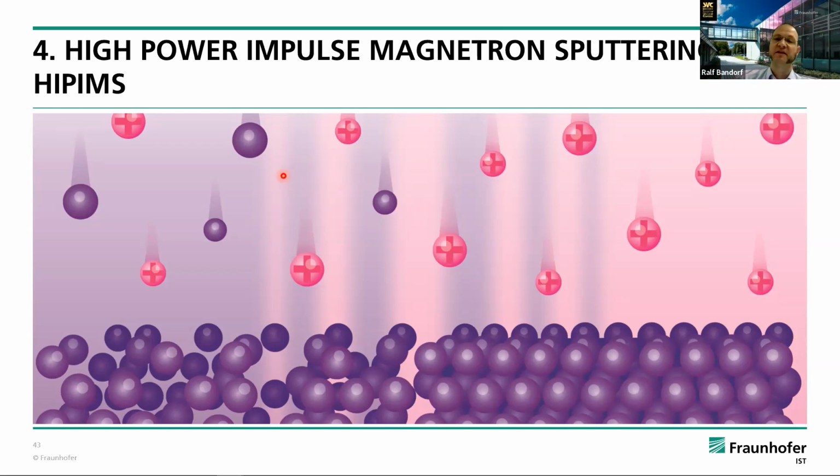And this will lead to not only a lot of neutral particles being involved, but you will switch to sputtering with a significant portion of ions, and the film structure is also expected to change even more dramatically.